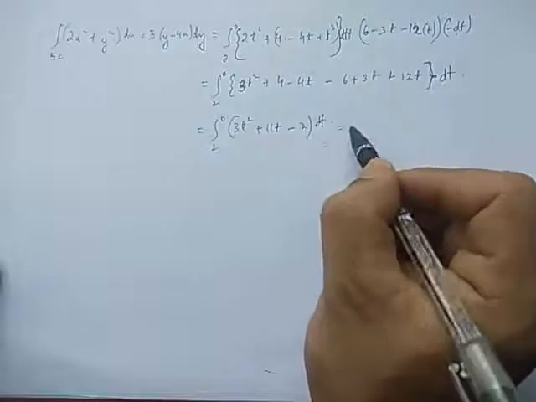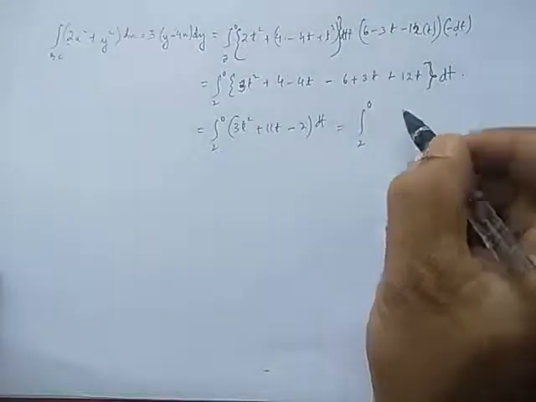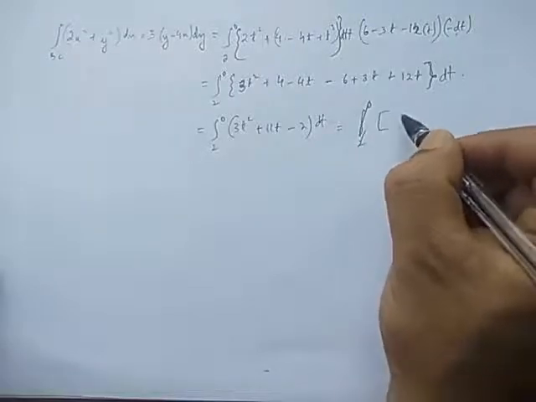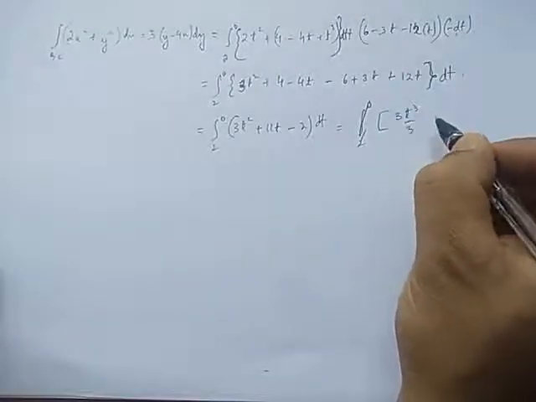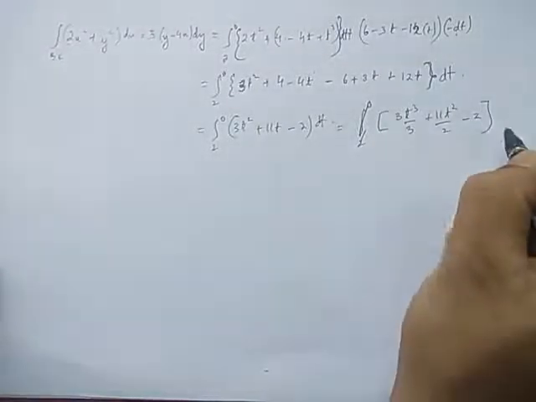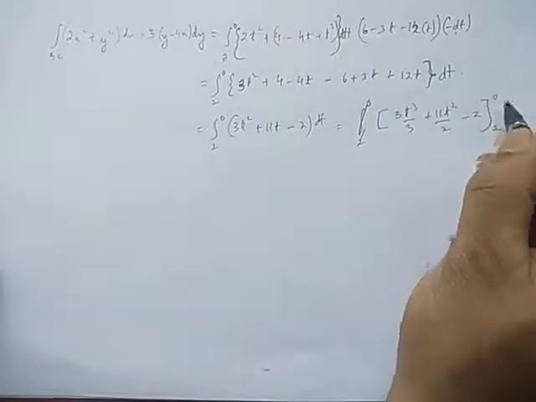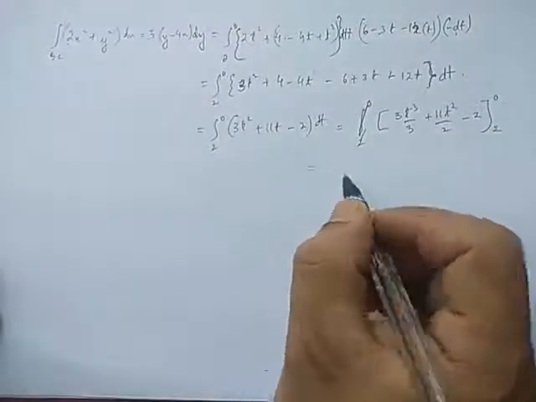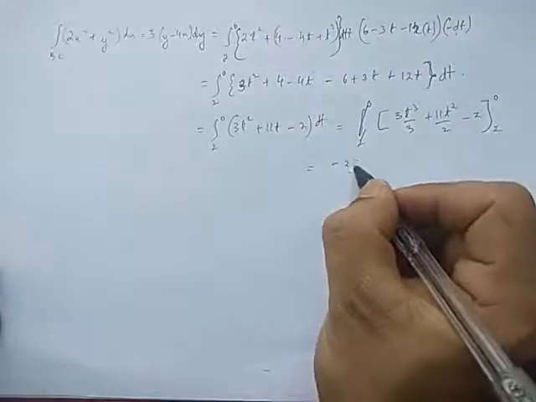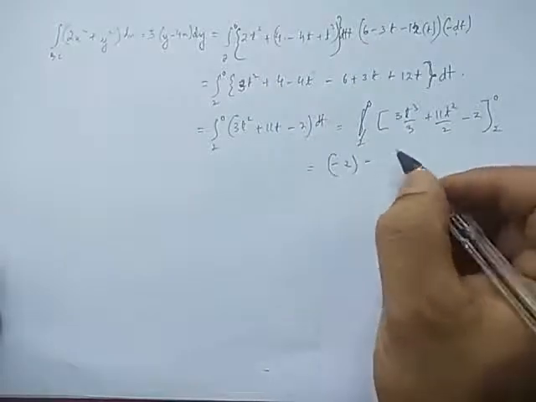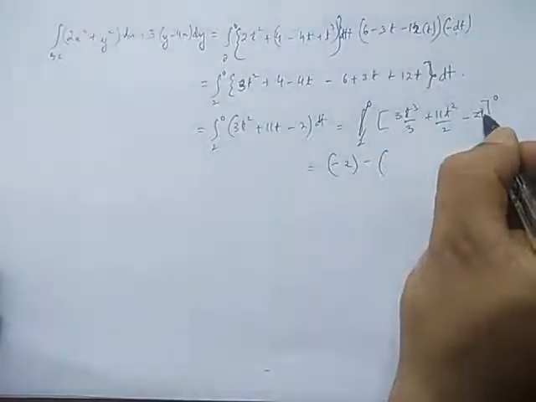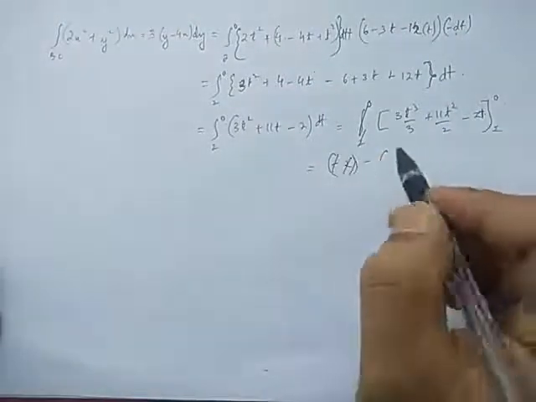So I can evaluate now: 3t cubed by 3 plus 11t squared by 2 minus 2t, from 2 to 0.